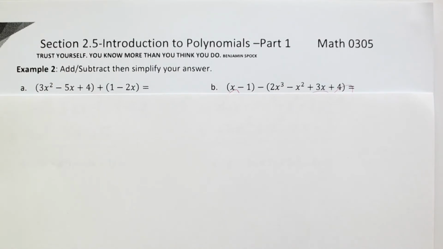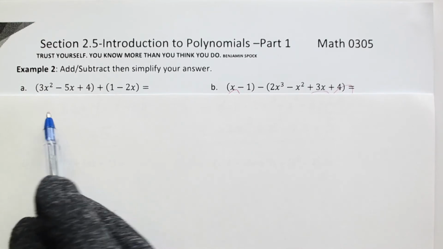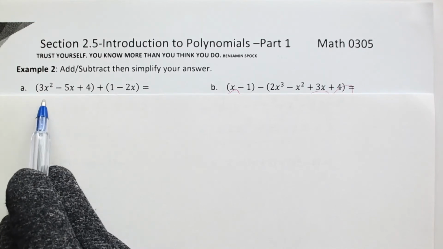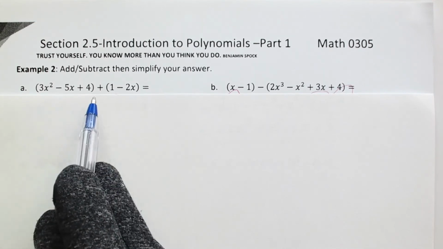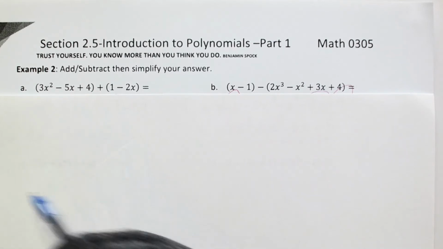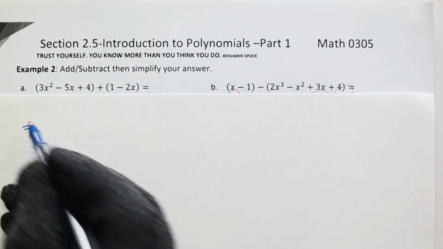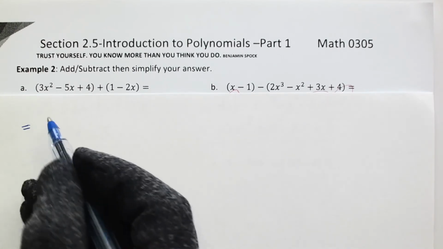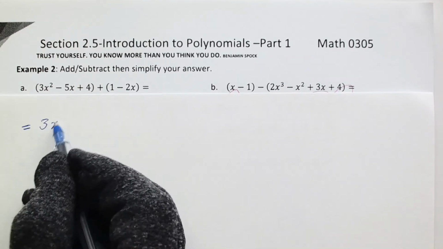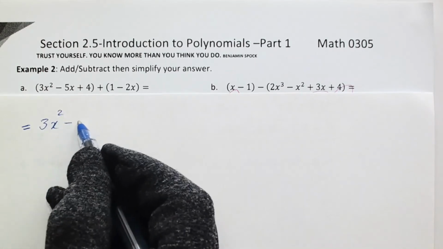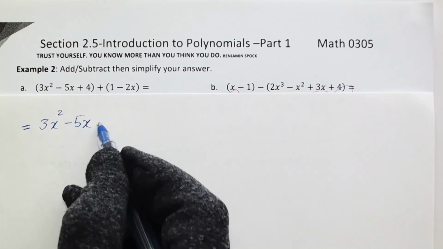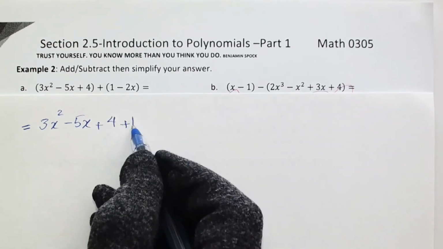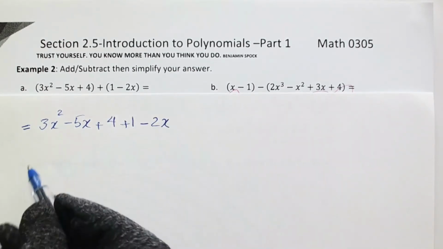Let's solve 2 examples for addition and subtraction of polynomials. The first one says (3x squared minus 5x plus 4) plus (1 minus 2x). In addition and subtraction, the first step is to get rid of parentheses. So we have 3x squared minus 5x plus 4 plus 1 minus 2x.